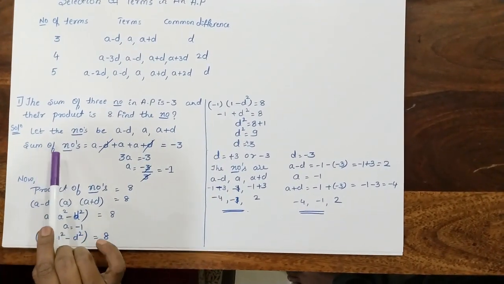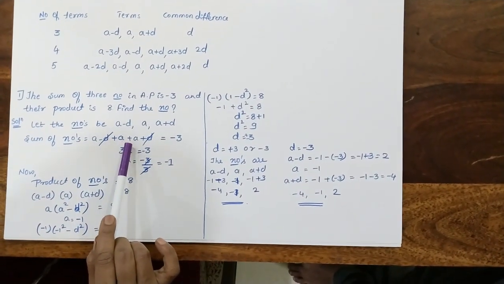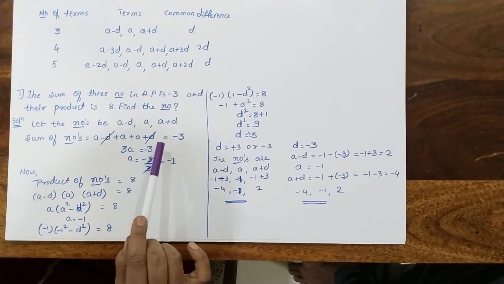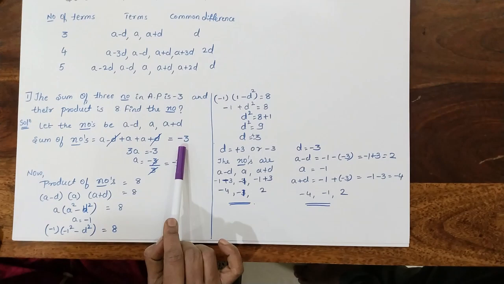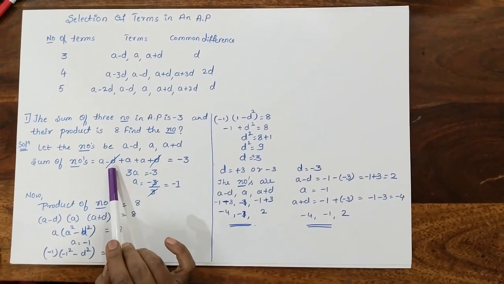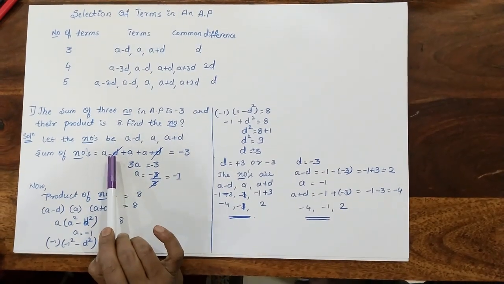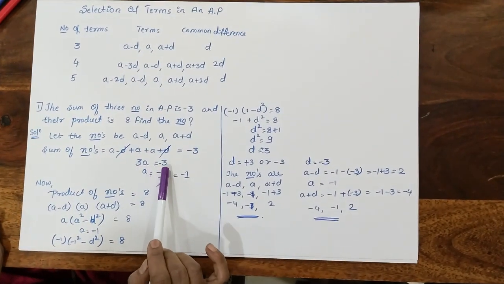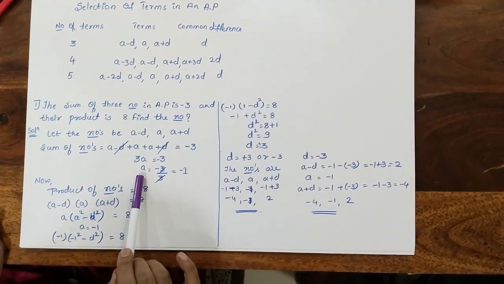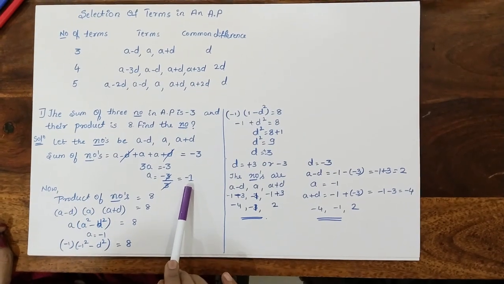The sum of the numbers is a minus d plus a plus d, which is given as minus 3. Here we cancel plus d and minus d, and we are left with 3a equal to minus 3, so the value of a is minus 3 by 3, that is minus 1.